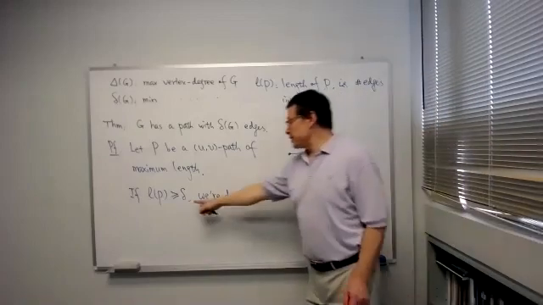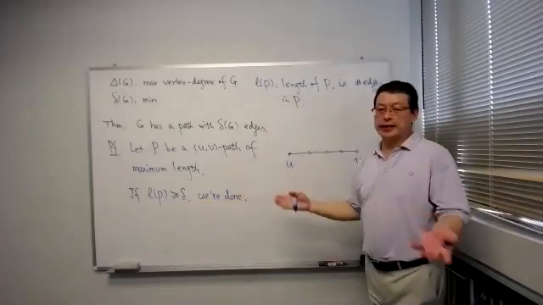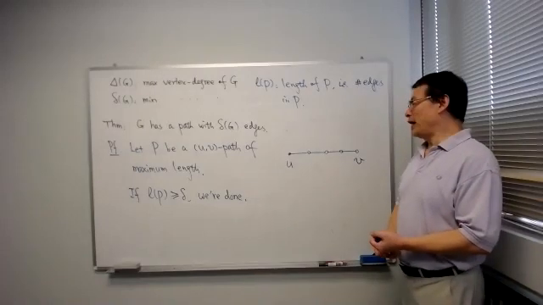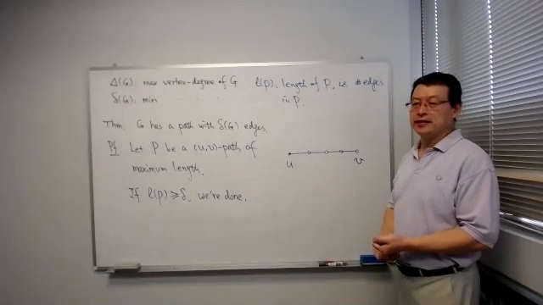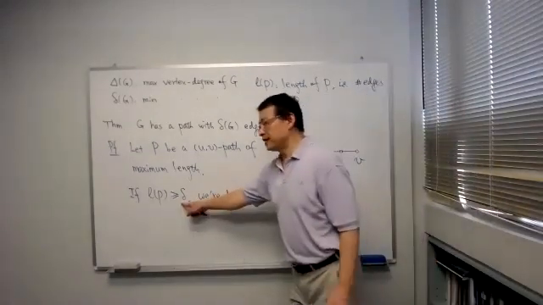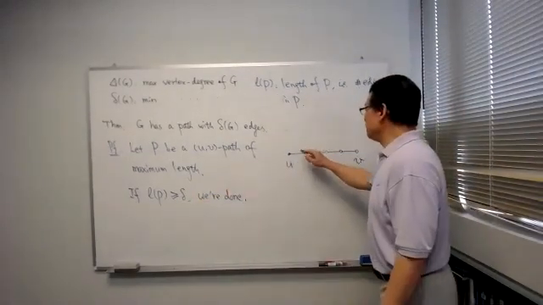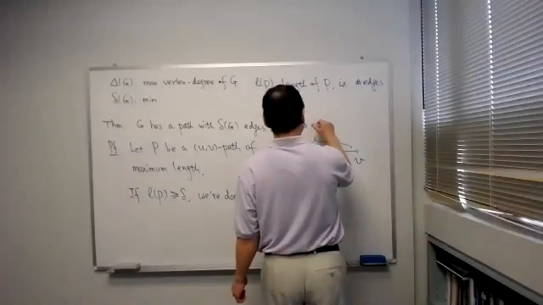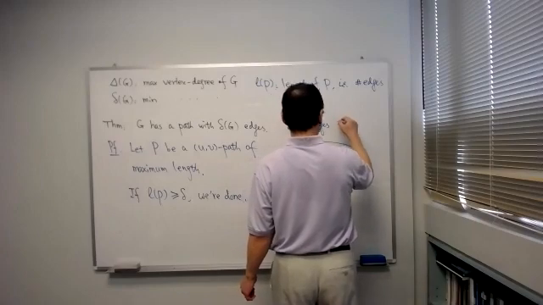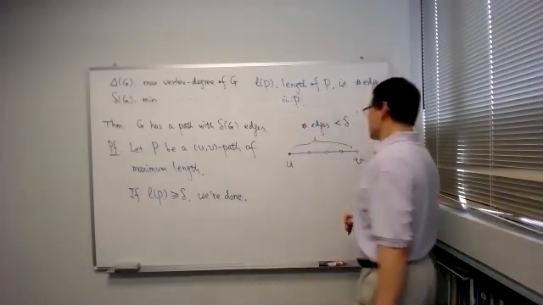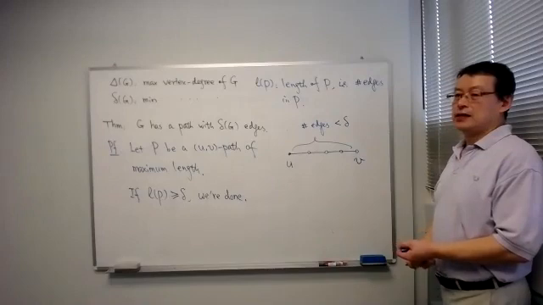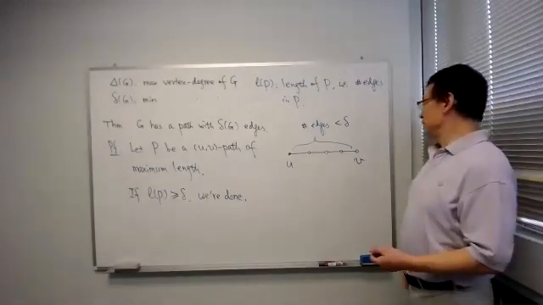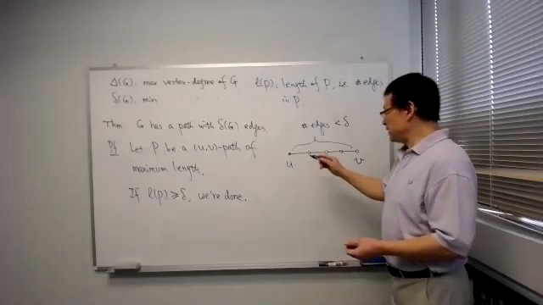So if it contains delta edges already, then of course we're done. All right. Otherwise, the number of edges here inside will be less than delta. All right. Now, what's the number of vertices here?